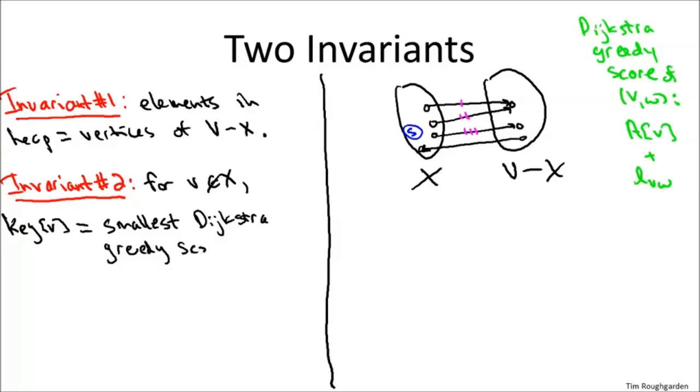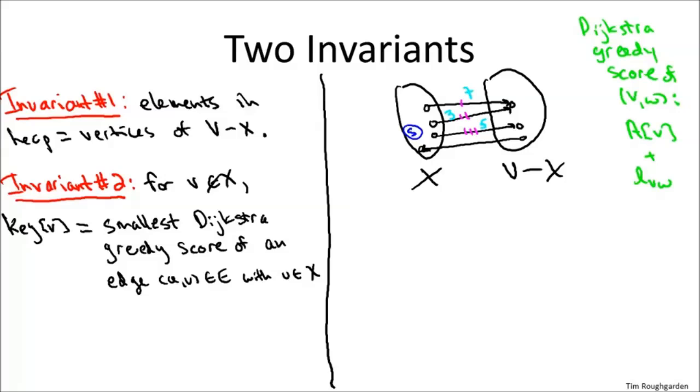So let me show you what I mean in terms of our example where we have three crossing edges. Suppose for these three edges in the upper right, they happen to have Dijkstra greedy scores of 7, 3, and 5. Let's look at what the key should be for each of these three vertices I've drawn in V minus X. Now for the topmost vertex, this is pretty interesting.